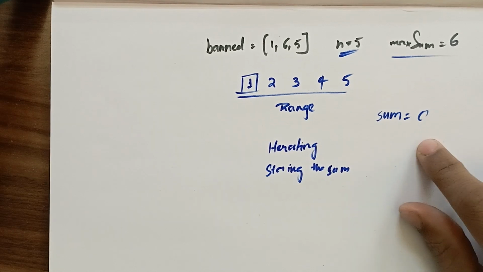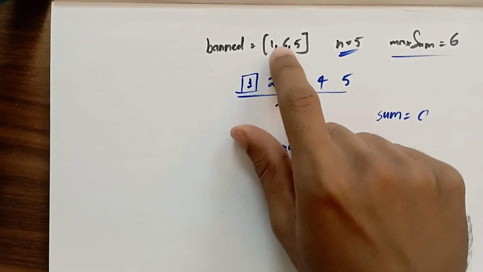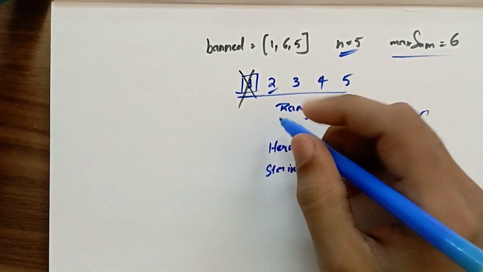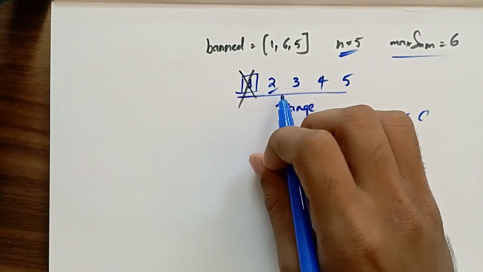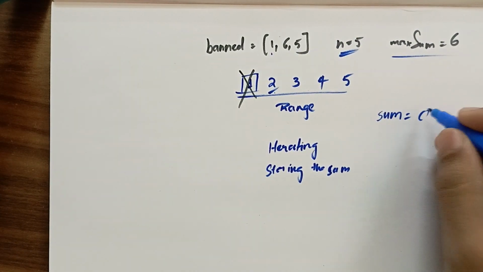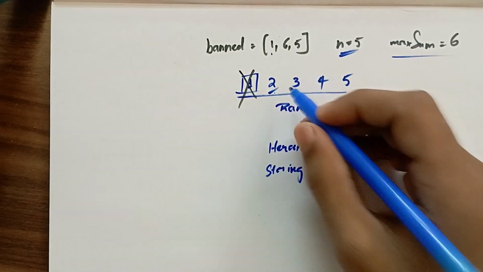Now initially sum will be 0, and let us check is 1 present in the band. So here in the first element it is present, so we will not be taking 1. Now we go to 2. Let us check 2 is present or not in the band array. 1 6 5, no, we didn't find 2 in the band array, so sum will be 2 here. Now let's go to 3.